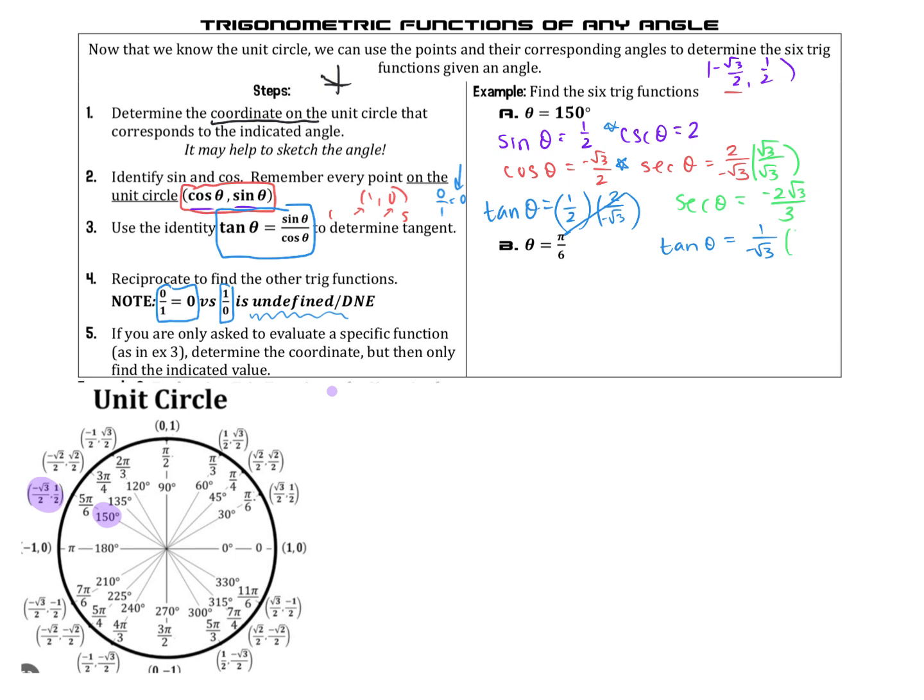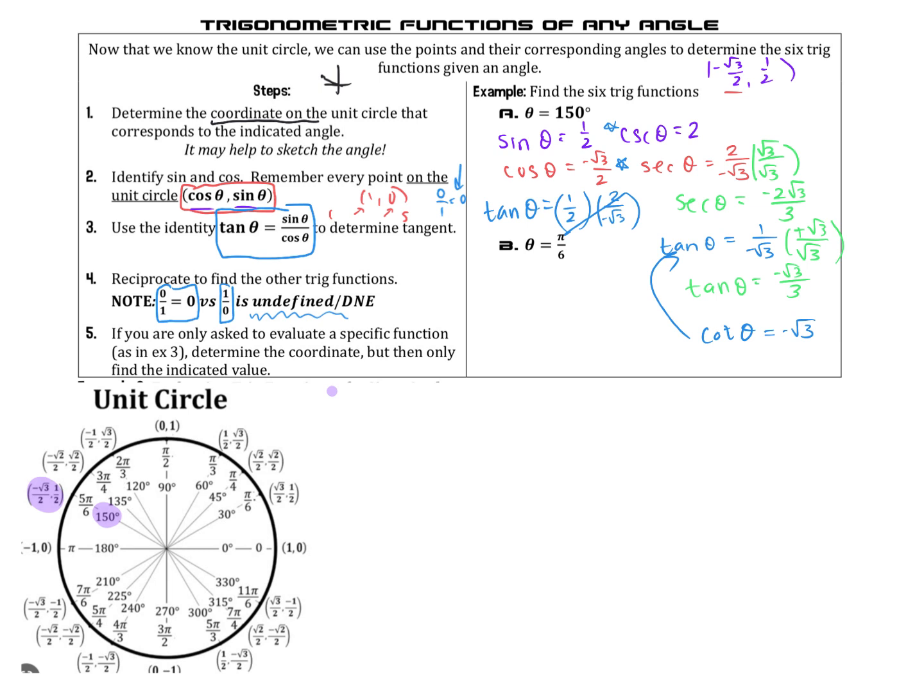And then I'm going to go ahead and rationalize that denominator. I'm going to multiply by root 3 over 3. So tangent of theta is going to be negative root 3 over 3. Cotangent, reciprocal of tangent, I'm going to take the reciprocal back at this blue step up here. So the cotangent of 150 degrees is going to be negative root 3.